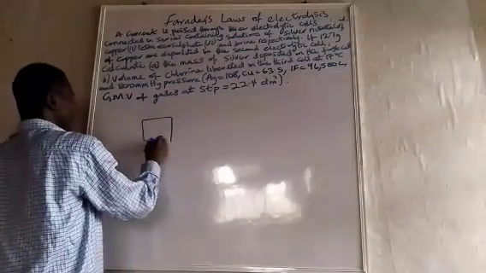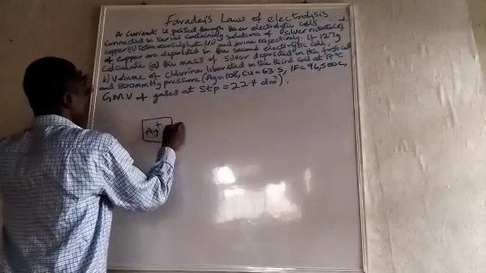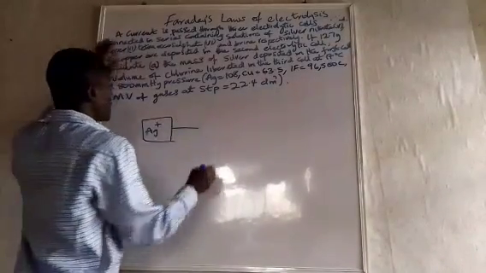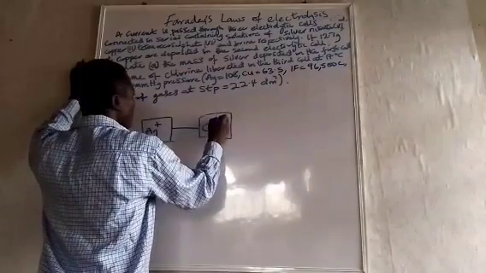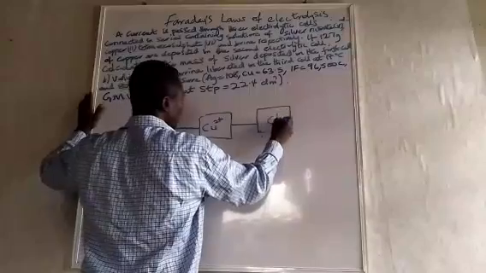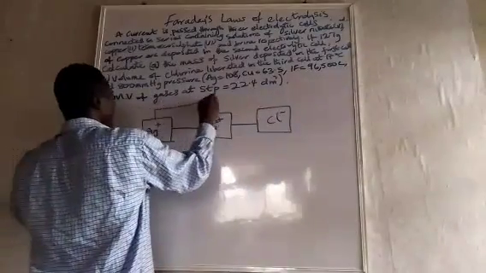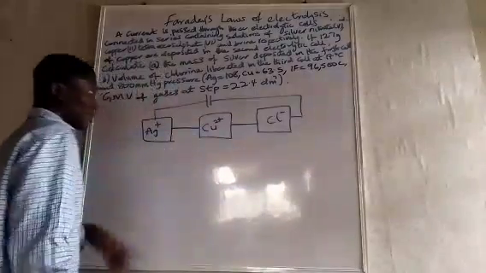Here we have silver salt. This one we have copper. And this one we have Cl salt. Everything is in series. And I believe this will make it clearer.